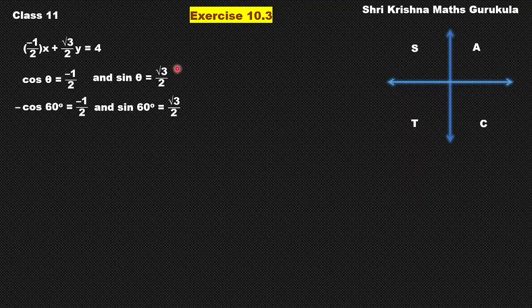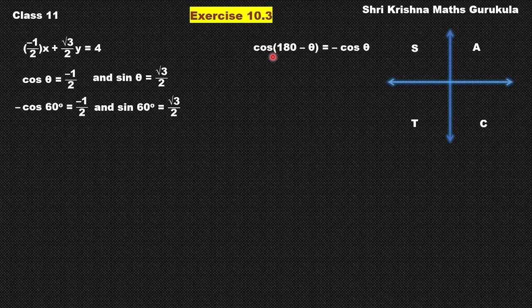Here we do not want any change in trigonometric functions, so we will express the angle in terms of 180 minus theta. If you express the angle in terms of 180 and 360, the trigonometric function does not change. But if you express it in terms of 90 or 270, the trigonometric function changes to its cofunction. This fact you are already aware of, right? So we are expressing this angle in terms of 180.